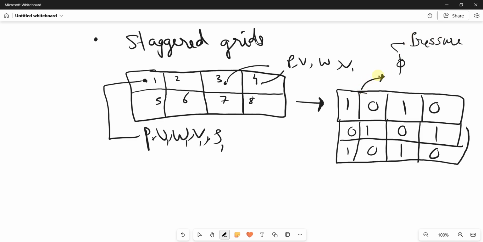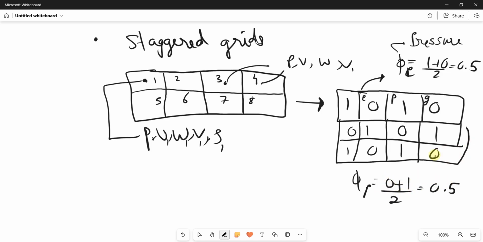I'll call these faces E, P, and G. The pressure at E will be equal to the average of the pressures, that is 1 plus 0 by 2, that is 0.5, correct? Now I am finding the pressure at this face P. So P is again the average, that is 0 plus 1 by 2, that is 0.5.